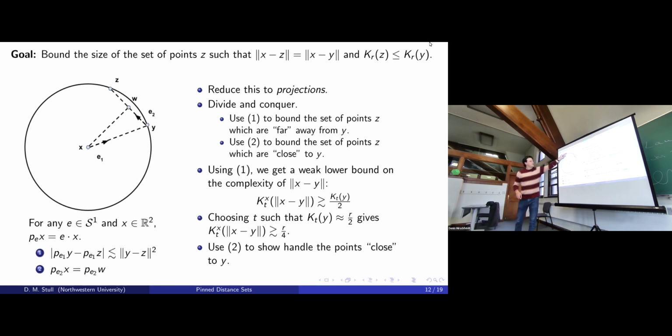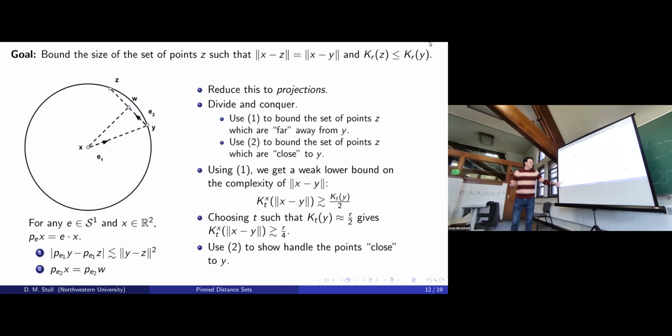The first is that if you project Z onto E1, which is the vector from x to y, so if you project Z onto this line, it will be very close to the projection of y onto that vector. So the projection of y is very close to the projection of Z onto E1.